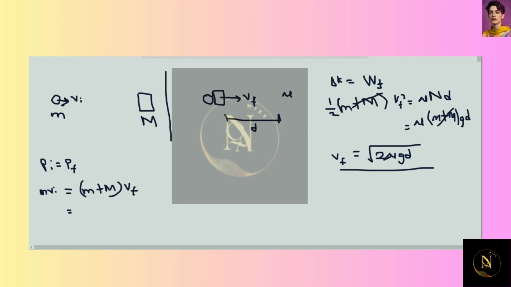To find vi, you just divide by the smaller mass m, so it's (m plus M) over m, times your final velocity, the square root of 2 mu g d. That should give you a symbolic expression for the initial velocity.